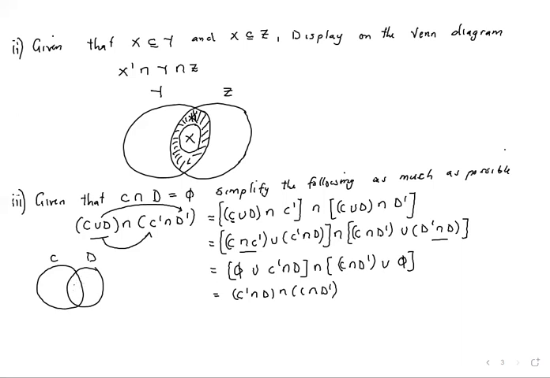So C complement intersection D will just be this one. And since the other space is empty, C complement intersection D is just D. Intersection C intersection D complement is just C, which is empty. Well simplified, as much as possible.